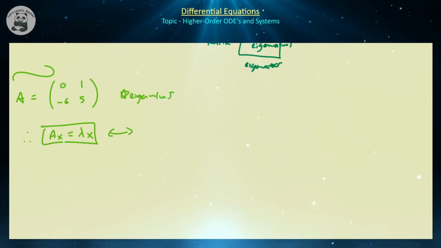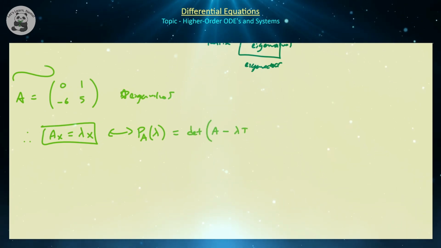So in order to find the eigenvalues of a square matrix, the first thing that you need to find is the characteristic polynomial for that particular matrix, which is a function of lambda, and it's going to be found by taking the determinant of the matrix A minus lambda I, where I has the same exact dimensions as matrix A, and lambda is just some unknown value that we're going to find.